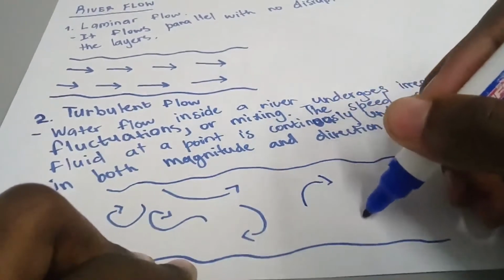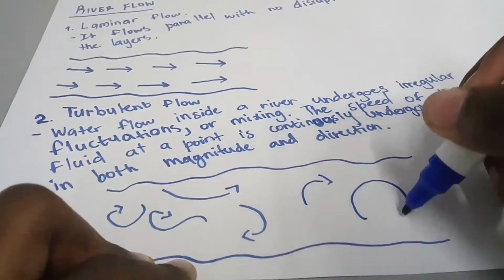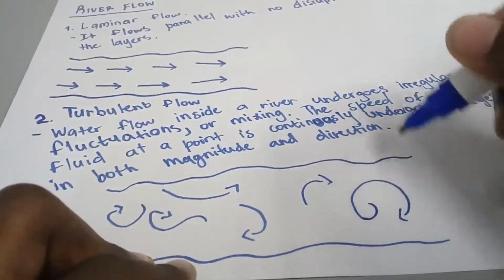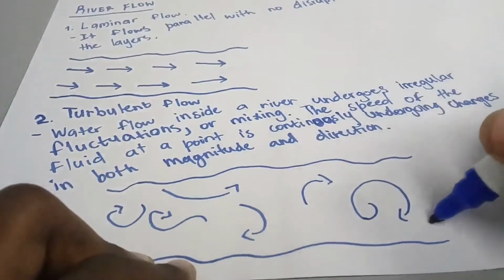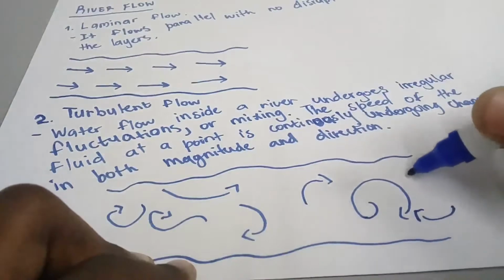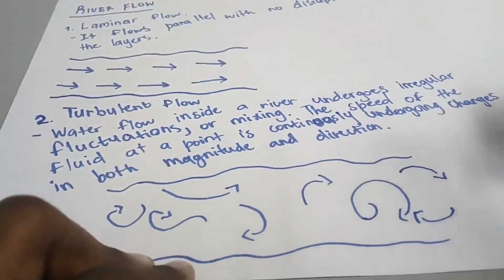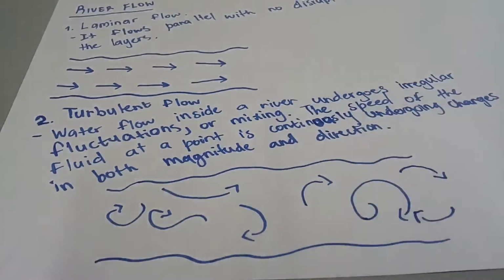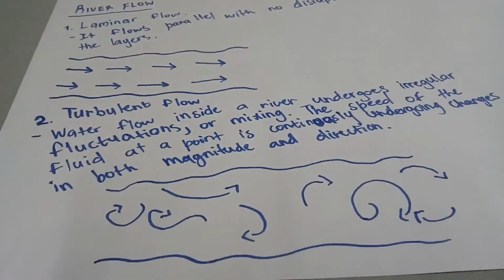You see this one? It moves in an irregular way. This is a turbulent flow, which is not uniform. It's not smooth. It's a harsh way.